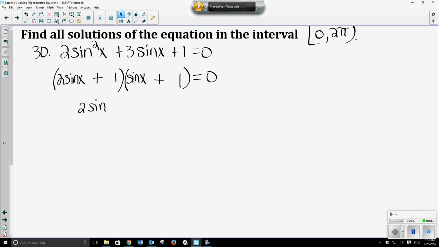2 sine x plus 1 equals 0. Sine x plus 1 equals 0. Sine of x is equal to negative 1/2. And, whoops, I forgot my x there. Sine of x is equal to negative 1. So where is sine of x negative 1/2?